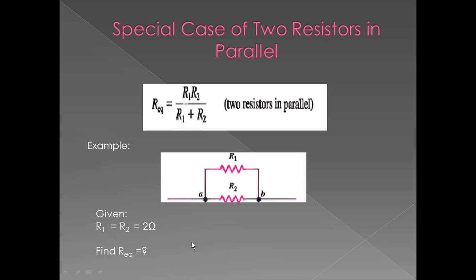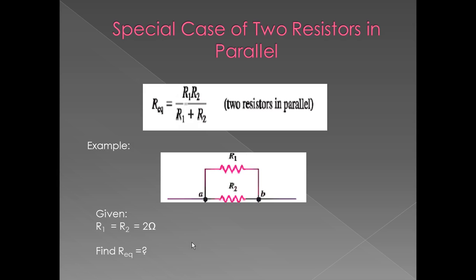So since you have different values for the current flowing through each resistor, to get the total current that is provided in the circuit, we simply add them together: the current flowing through R1, the current flowing through R2, the current flowing through R3, or any number of resistors for as long as they are connected in parallel.